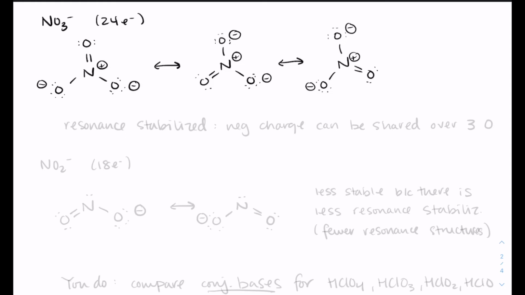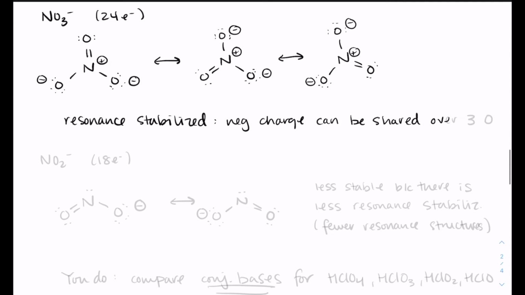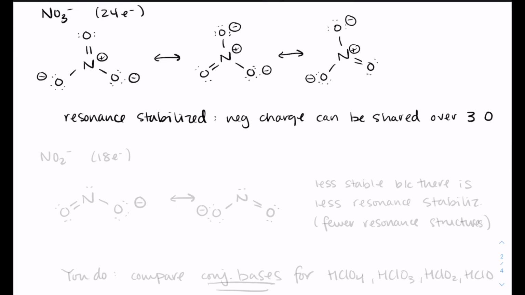If we look at NO2 minus, so this has 18 electrons, my best Lewis structure would have a lone pair on nitrogen, one double bonded oxygen, one single bonded oxygen, and because that double bond could have been on either side, we do have one equivalent resonance structure. So what we would say about this is that the NO2 minus is less stable because there is less resonance stabilization.